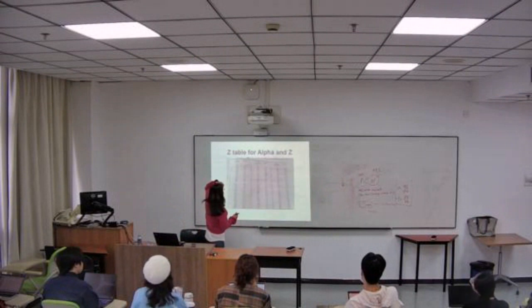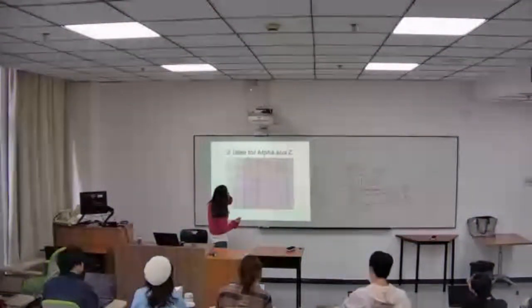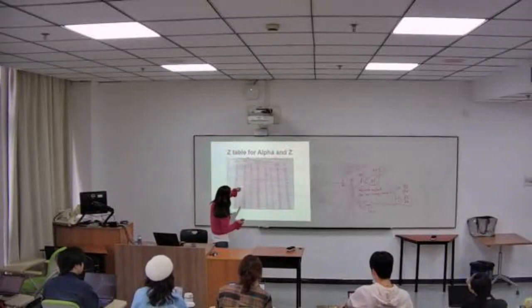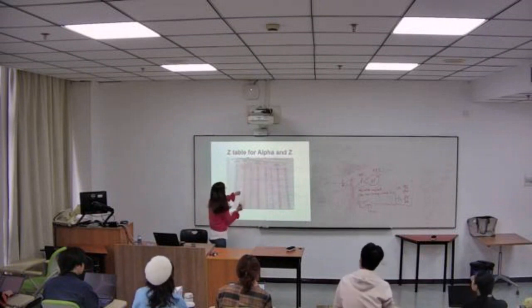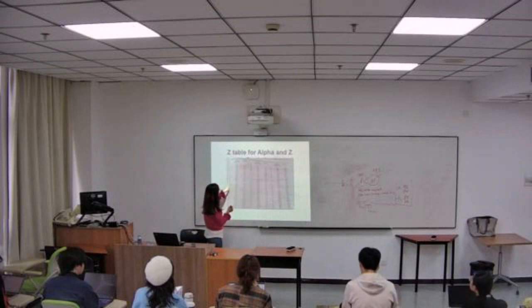If you say top 5%, it's 1.64. Top 5%, where is that? You have to see it in the tail. So top 5% has the value of 1.64.